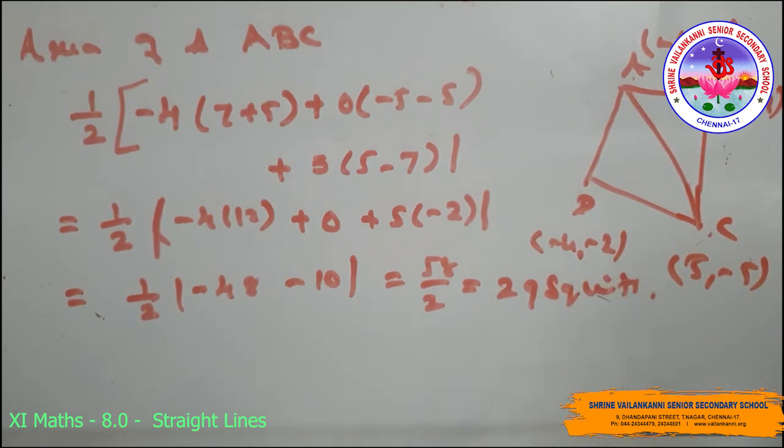So area of triangle ABC equals 29 square units.